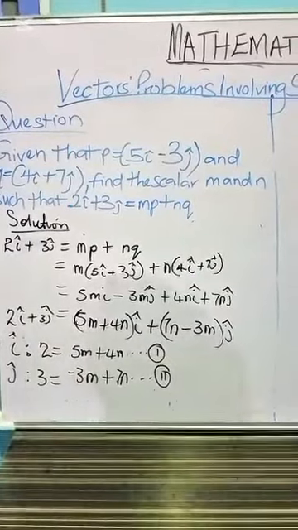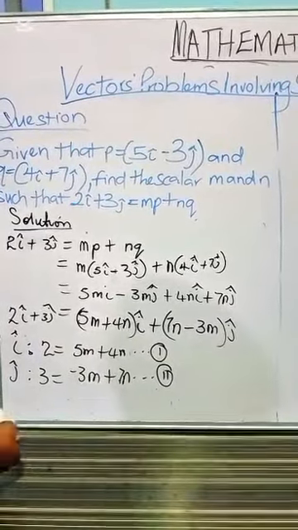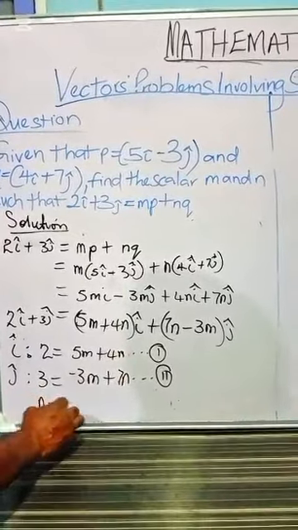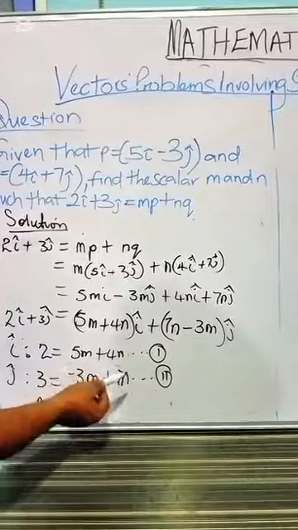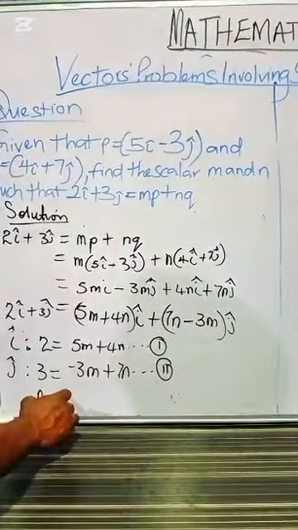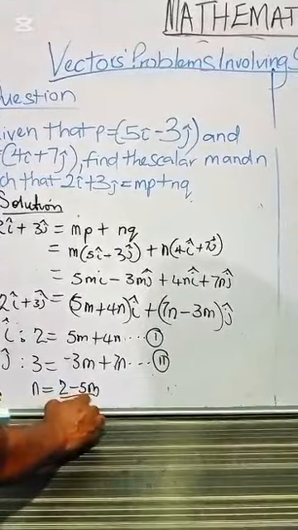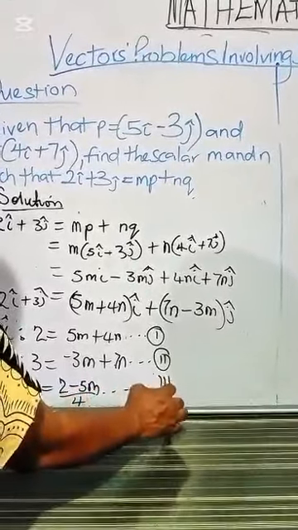So if you are going to make n the subject, in equation 1, by taking the additive inverse of 5m, that will give us n equals 2 minus 5m all over 4, and we call that equation 3.